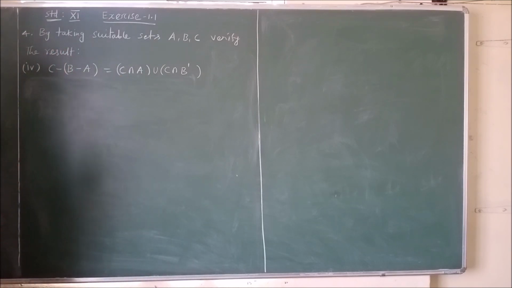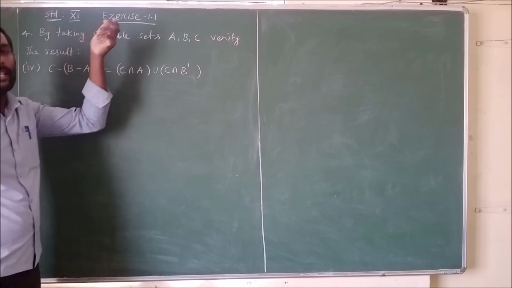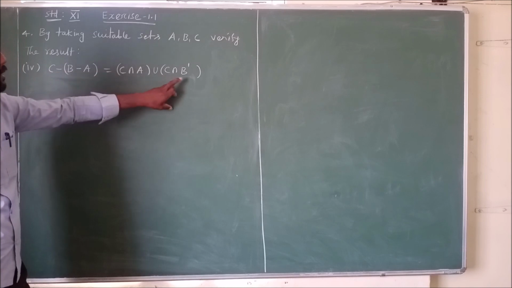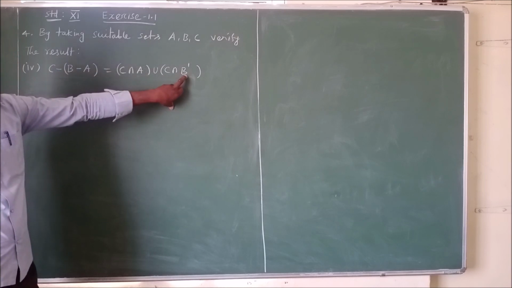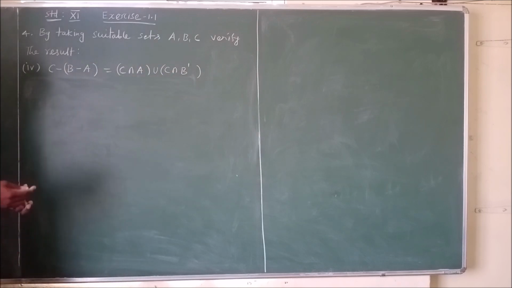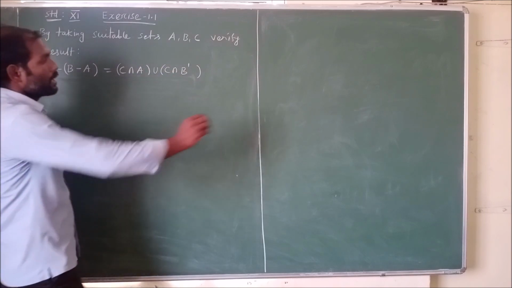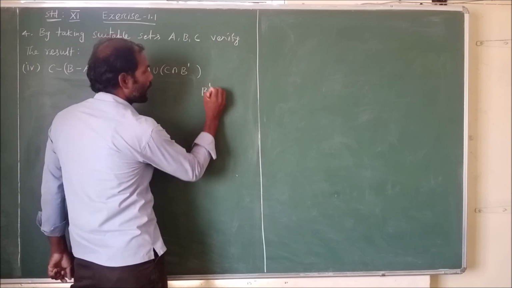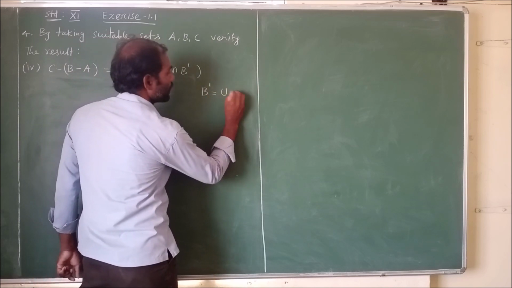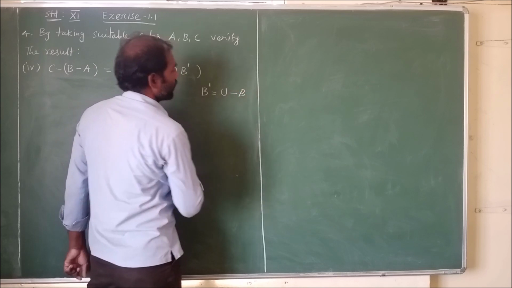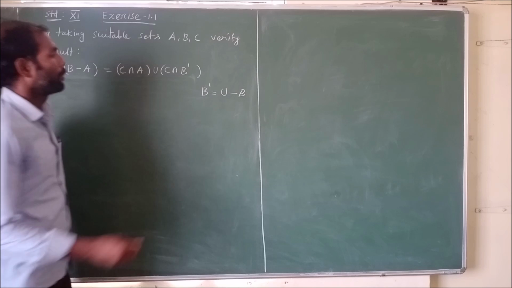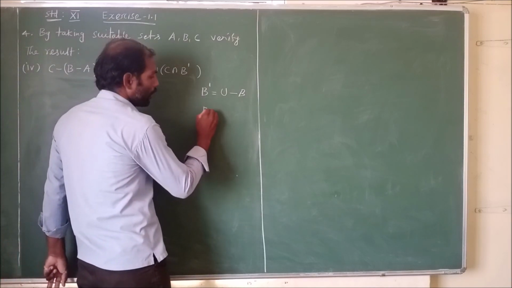In the previous problem we used the sets A, B, C only. This subdivision 4 has B dash, which is the complement set of B. So what is the formula for the complement set? B dash equals universal set minus B, or B complement.